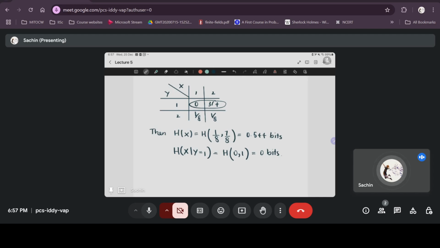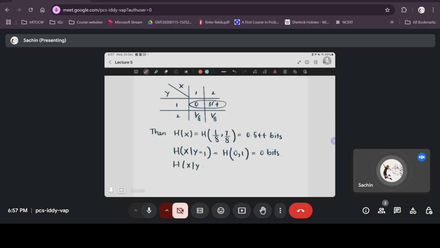That is, if you know that y is equal to 1, then x takes the value 1 with probability 0, and x takes the value 2 with probability 1. So there is no uncertainty in the value of x because it can never take the value 1. That's why the entropy in x given y equals 1 is 0 bits.